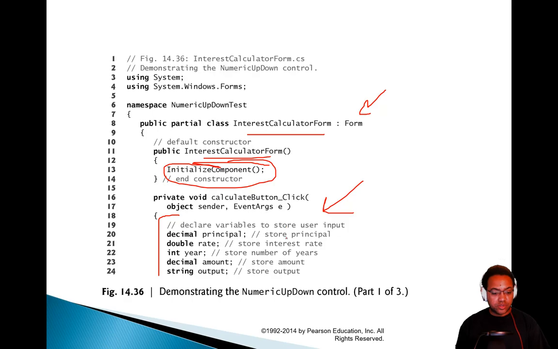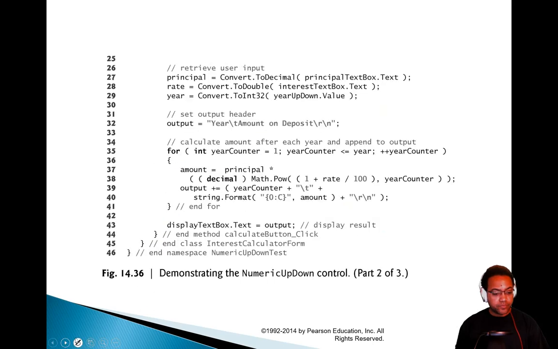In this situation, it looks like we're trying to calculate the dividends that would be returned from a specific investment. And then it has a for loop that does a calculation based on what year you're in, and then it displays that output in the text box.